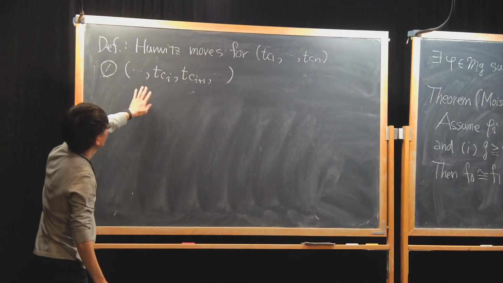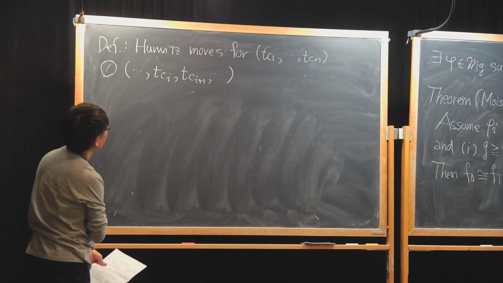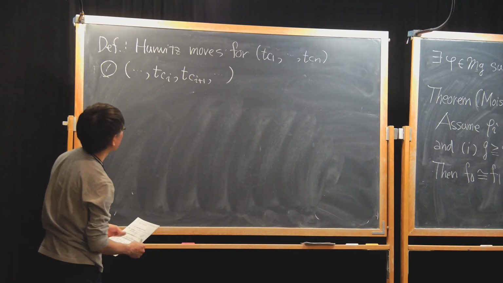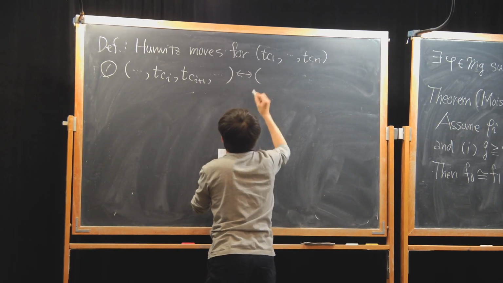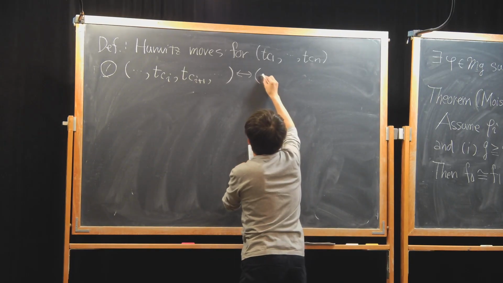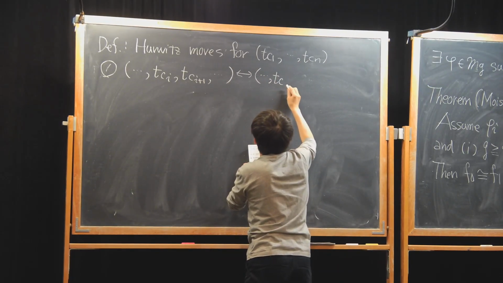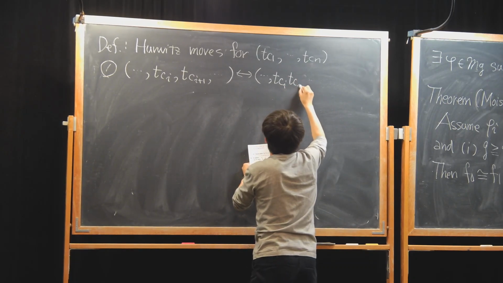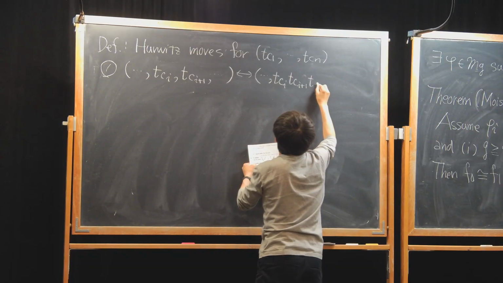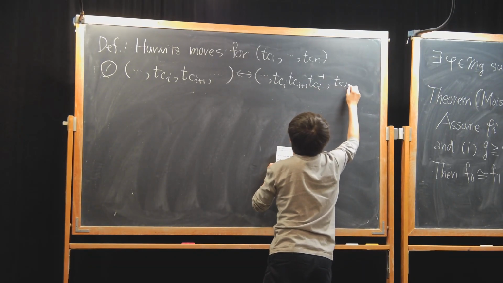Initially you have such a finite collection of right-handed Dehn twists. Then you can change this into T_{Ci}, T_{Ci+1}, T_{Ci} inverse, comma, T_{Ci}.